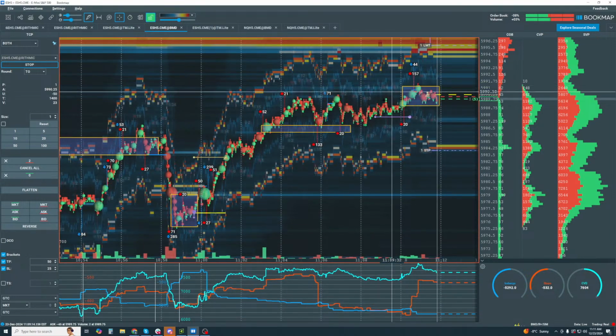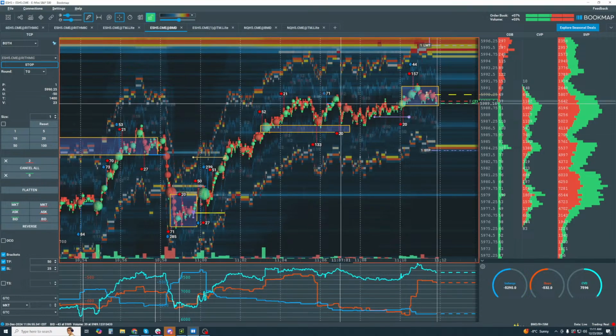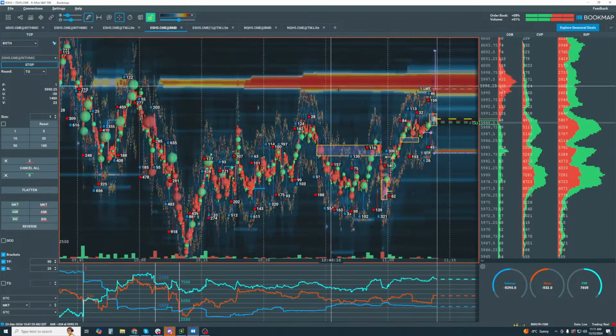This is where the buyers took control, and these are our multiple attempts up here.